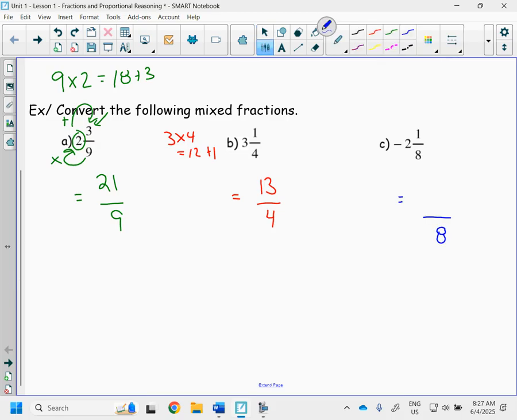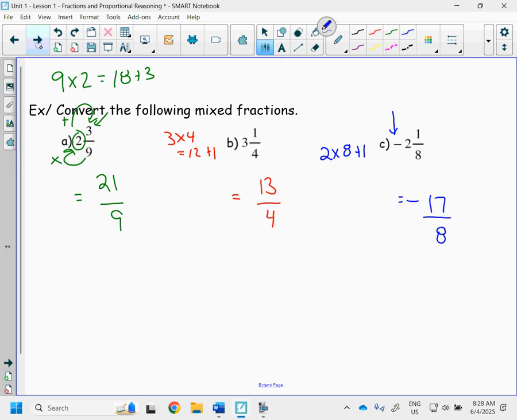The part that usually gets us is this negative sign. It doesn't actually affect your conversion. All it tells us is the answer is going to be negative. We still do the exact same thing, so I've got to turn my 2 into eighths, 16 eighths, plus one more would make 17 eighths. It just happens to be a negative sign, because it's a negative value.